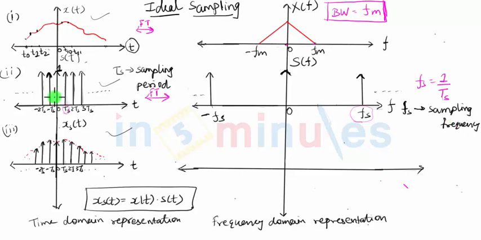If the gap between the two impulses in time domain is less, that means if the value of Ts is less, then the gap between the two impulses in the frequency domain will be more. In other words, Fs will be more. So if Ts is small, we had concluded that the loss of information is less, and that also corresponds to the greater sampling frequency.